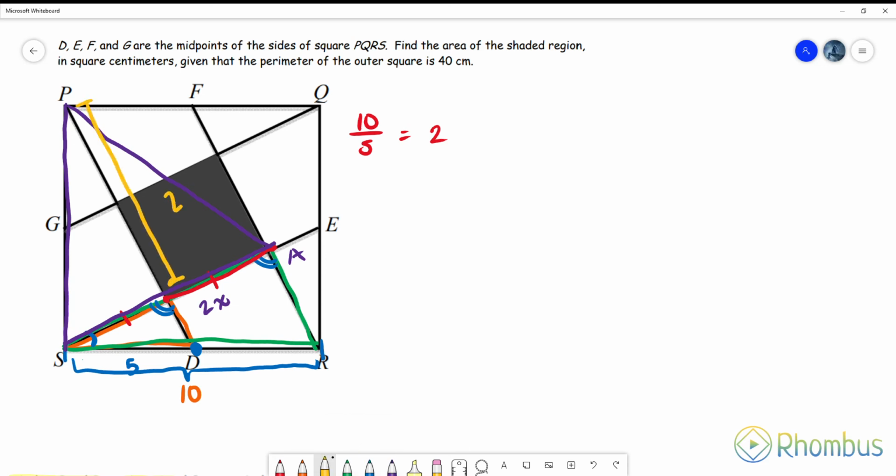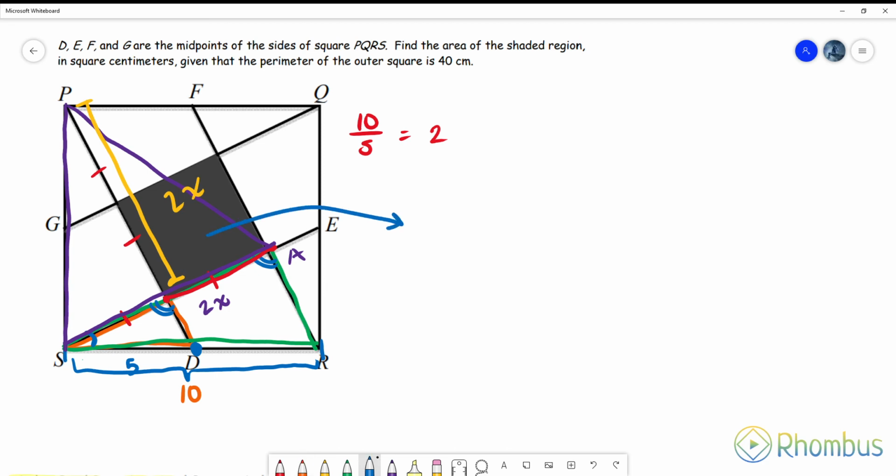That's because the same green triangle and orange triangle are shown right here. So we've already proven that those are congruent, so we have another two congruent segments. Because the base is equal to the height, we can use the Pythagorean theorem to find out the value of x. So let me explain more what I mean by that.